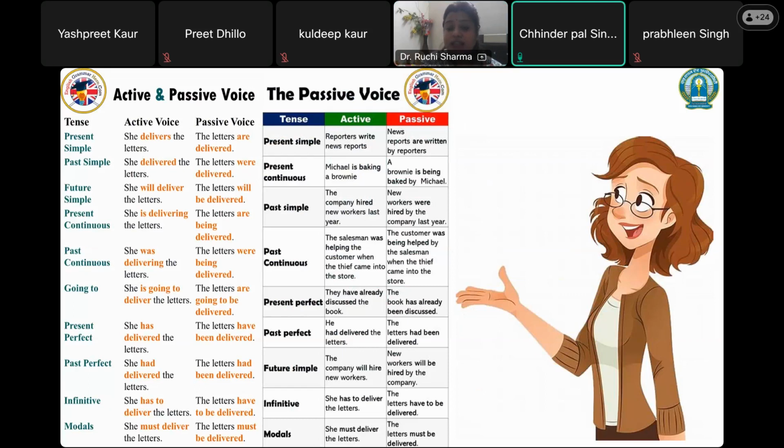So only the main verb is transferred to past tense from delivering to delivered. And in the simple past, do you see how were has been added? That is a sentence in past tense, but you know that it is written in passive voice once you know that it is written with were delivered. Okay. Next sentence.